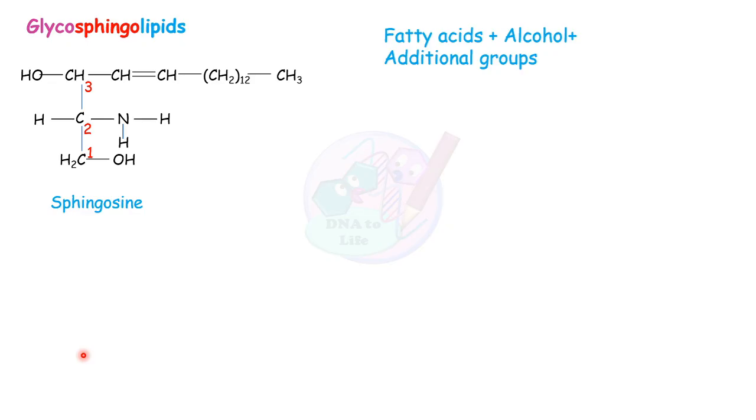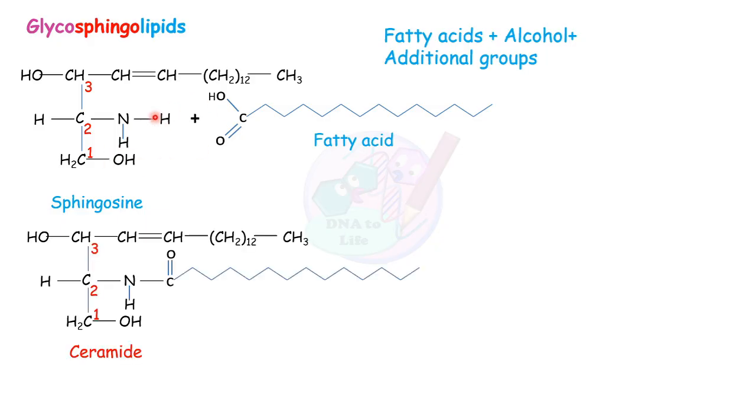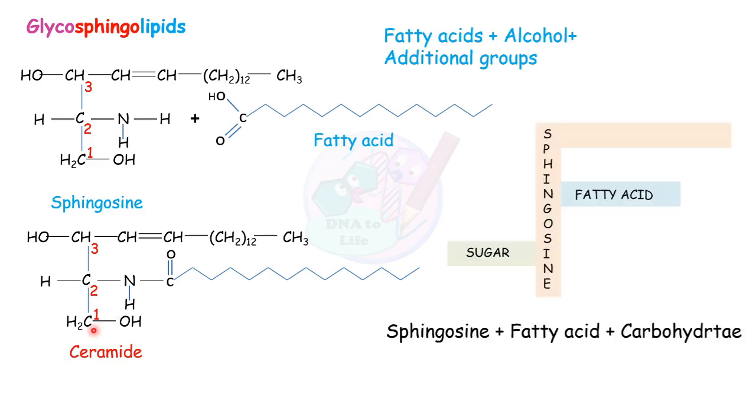In glycosphingolipids, the backbone alcohol present is sphingosine. It is an 18 carbon containing alcohol. Here the first and third carbon are attached with hydroxyl groups and the second carbon is attached with an amine group. With this amine group, the carboxylic acid of the fatty acid chain interacts by an amide bond. When fatty acid interacts with sphingosine, this newly formed molecule is called ceramide.